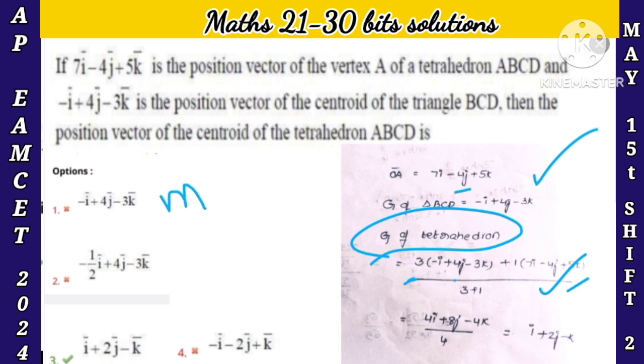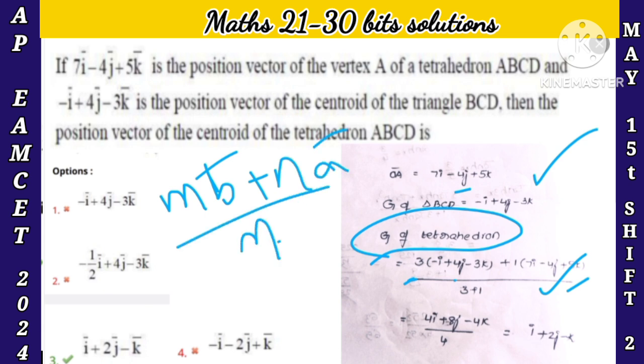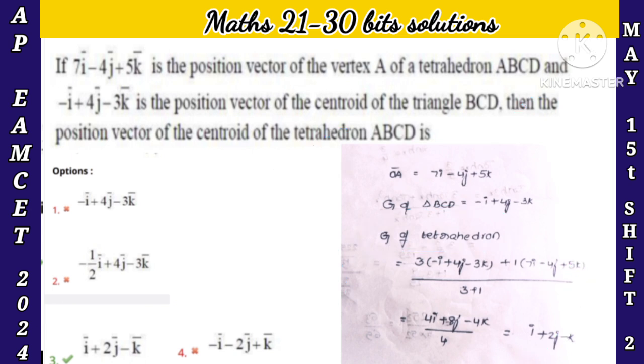The formula is (M B bar plus N A bar) by (M plus N). This is the formula for finding the centroid. Here B bar is equal to the centroid, A bar is equal to A bar, and M is to N is equal to 3:1. Replace the values and after simplification you will directly get the answer. The answer is i plus 2j minus k. Okay, that's all. This is also a very easy question. When you know the formula, you will directly get the answer. Okay.